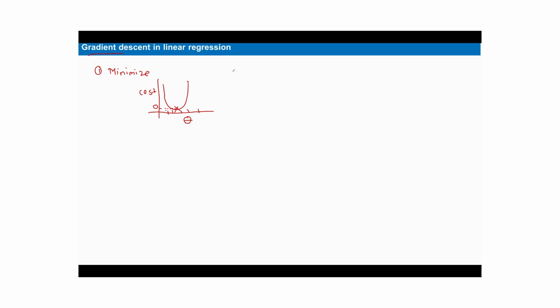The first step inside gradient descent is that it will randomly initialize all the thetas. Then repeat until convergence. Convergence means it has reached the global minimum.